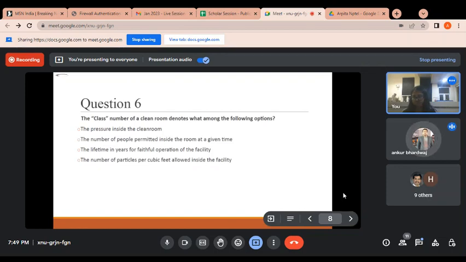I think D is the correct answer. Option B. Can you please explain? The number of particles per cubic feet allowed inside the facility. Okay, so option B or option D is the right answer.